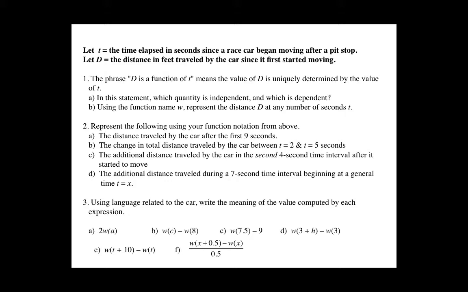So y final minus y initial. And again, the final is using x final, the y value when the x is at its final spot relative to question D's situation. And W of x is the y initial, because x is the initial, the start of the interval that we're interested in.